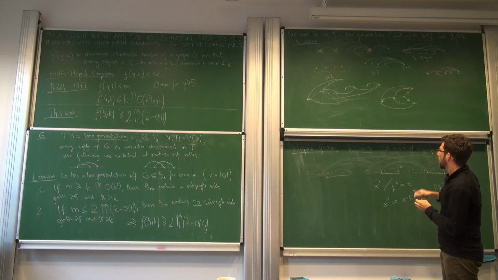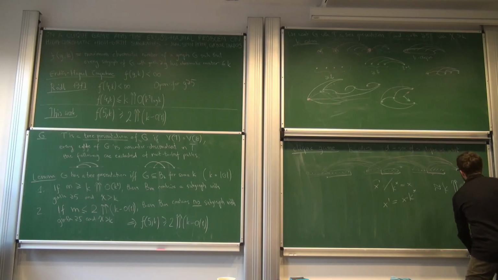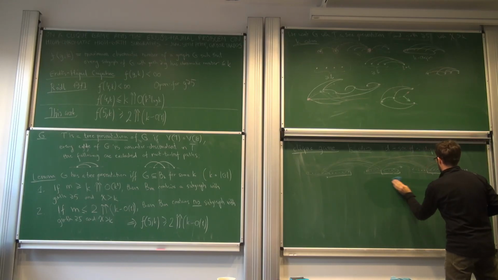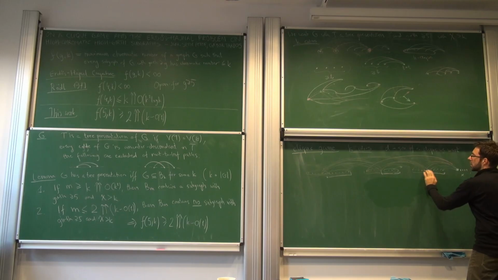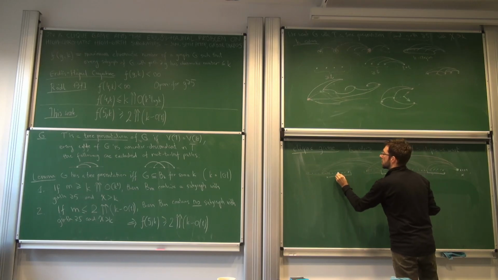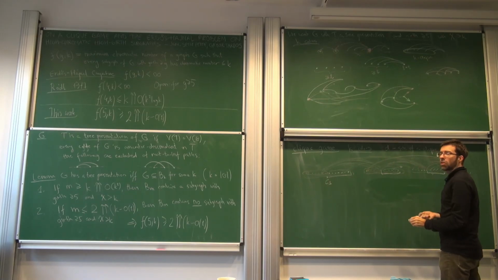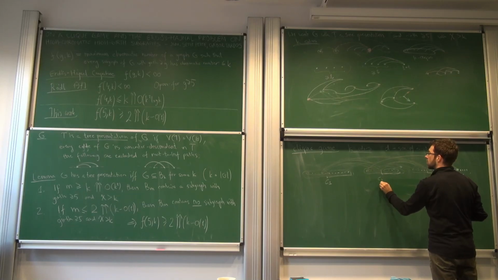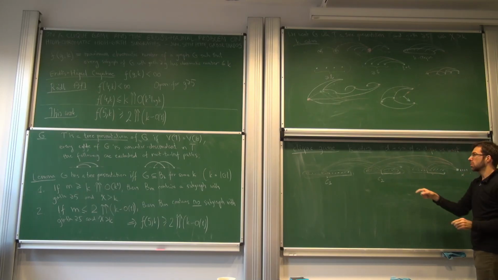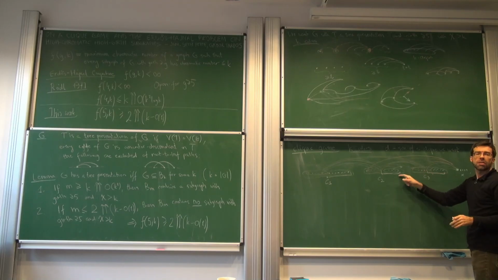In the actual game, we want to construct a large blow-up of a clique with the property that these vertices all have the same color, say C1. These vertices all have the same color C2, which is different from C1. These vertices all have the same color C3, which is different from C2, and so on and so on.